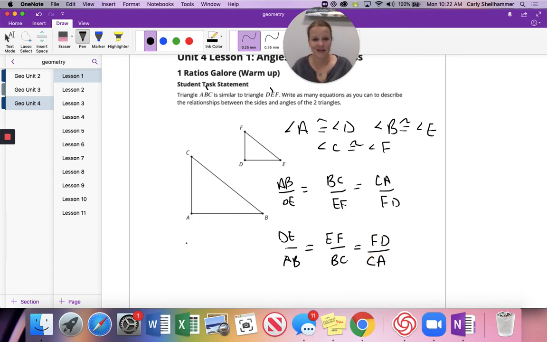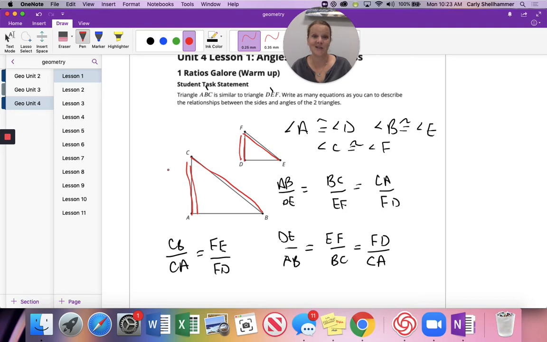I can also say that CB over CA is equal to FE over FD. Let's talk about that one real quick. I said CB over CA is equal to FE over FD.